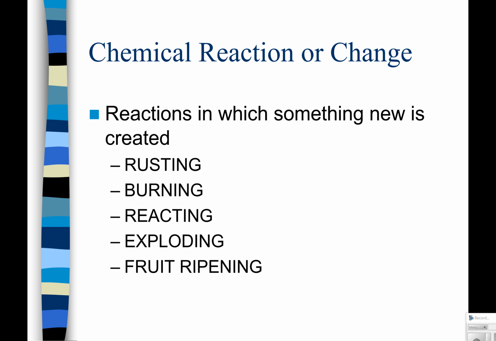Now, when we take a look at chemical reaction or chemical change, these are reactions in which something new is going to be created. So what we start with isn't necessarily there after the reaction. It could completely disappear. We might have part of it disappear, it might turn into something else, but we're going to come up with some type of new product after a chemical change. Some examples of this are rusting, burning, reacting, exploding, and fruit ripening.